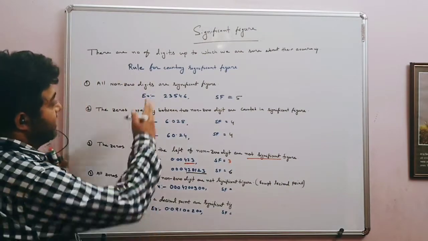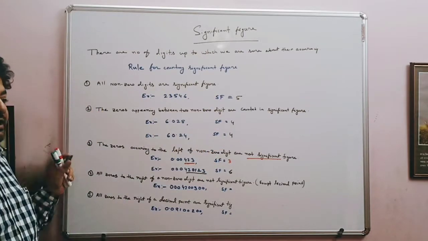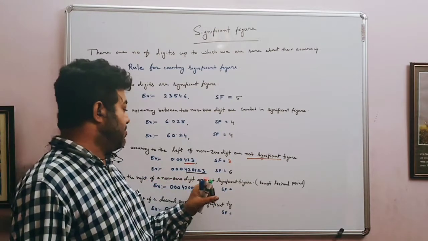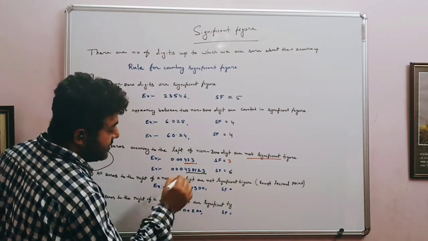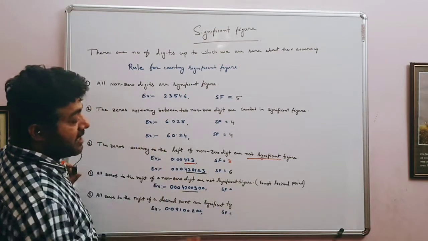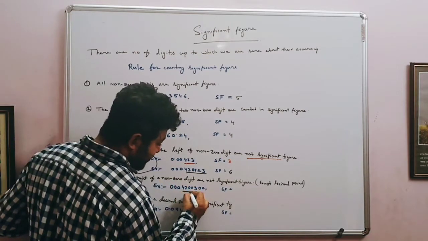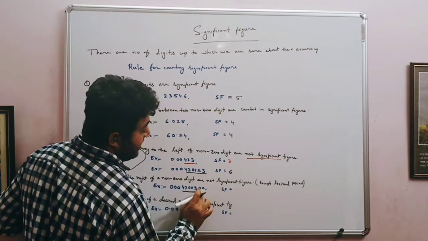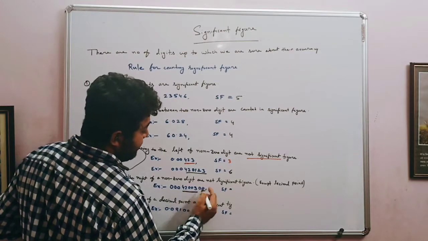Means without a decimal. Here you see, in some we gave a decimal and in some we didn't. These earlier rules are valid for both decimal and non-decimal. But for this one, all zeros to the right of a non-zero digit are not significant figures. The left side zero wasn't counted, and the right side is also not counted if there is no decimal. So we count up to here, and do not count these. 1, 2, 3, 4, 5.